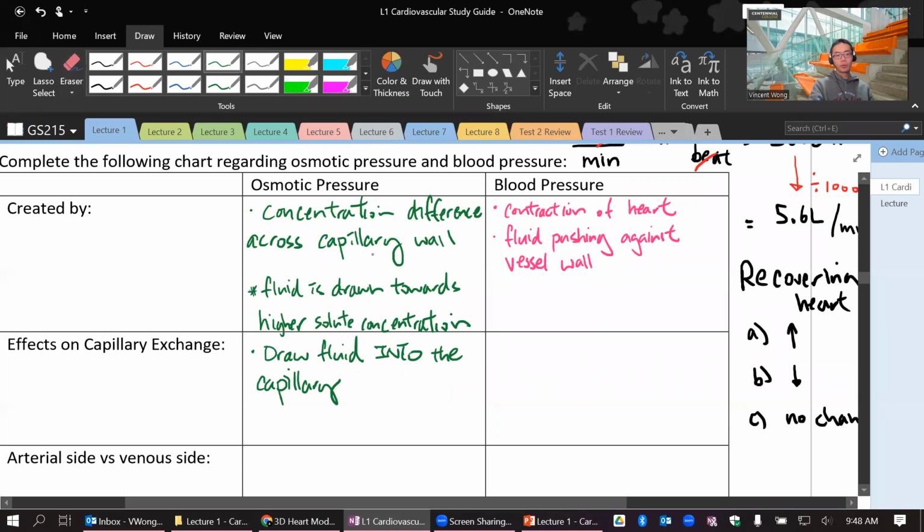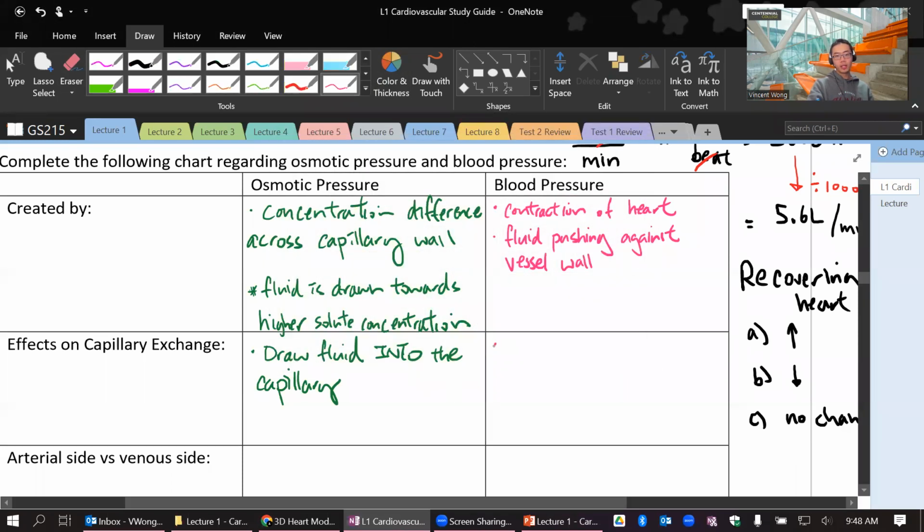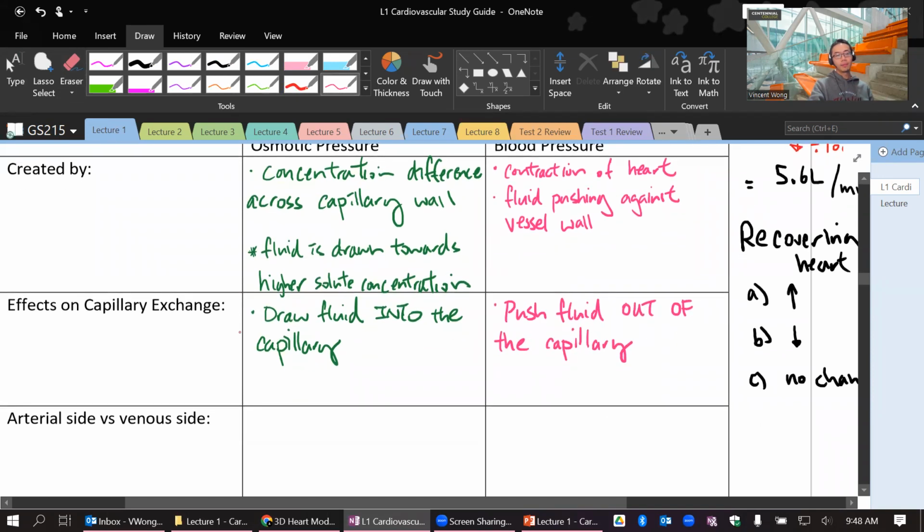And on the other hand, the red arrows, like the water holes that I drew for you, the blood pressure will push fluid out of the capillary. Okay.